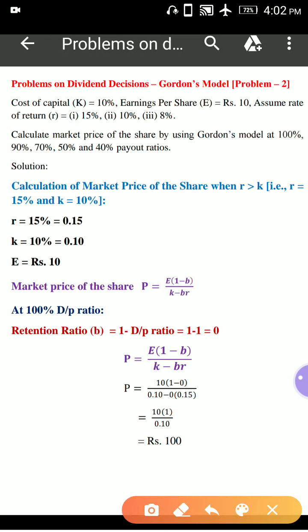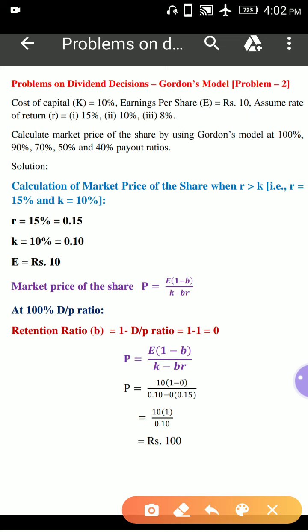Here the cost of capital K is given as 10% and earnings per share is rupees 10, and different rates of return are given: 15%, 10% and 8%.